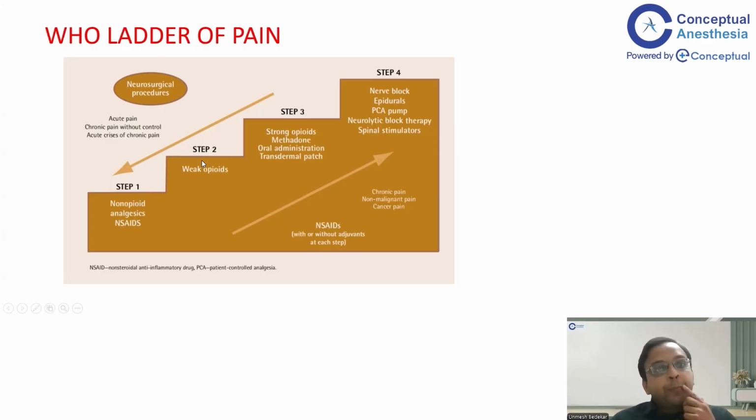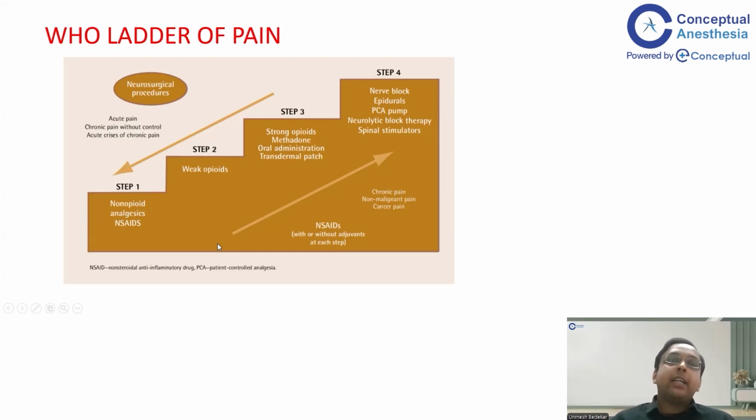Step 2 is elevation of therapy to weak opioids. Step 3 is elevation of therapy to strong opioids or methadone, oral administration or a transdermal patch. And step 4 are specific nerve blocks, epidural analgesia, PCA pumps, neurolytic block therapy, and spinal stimulators.